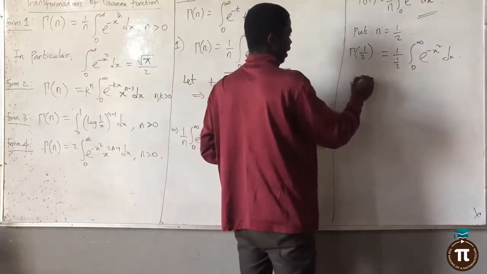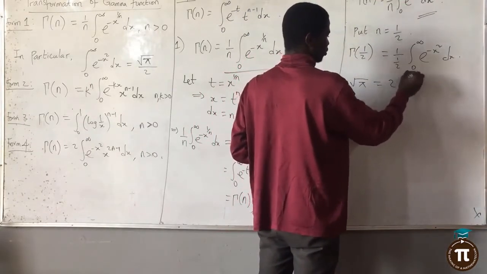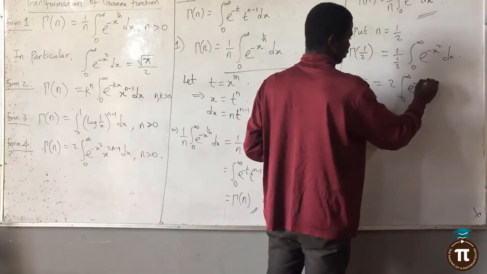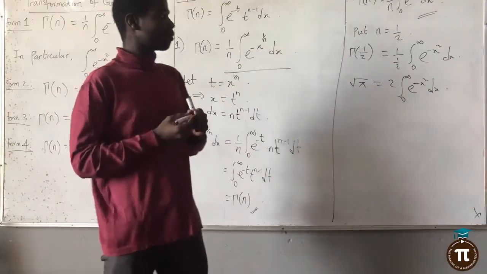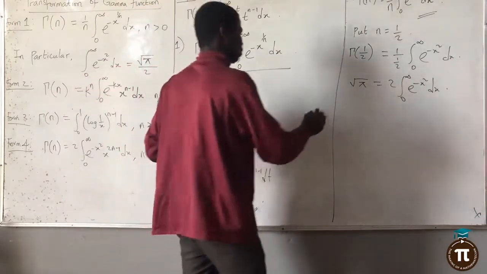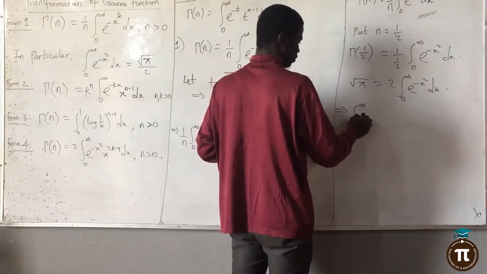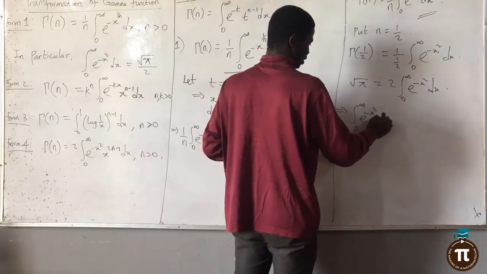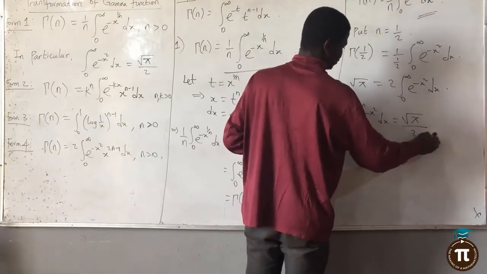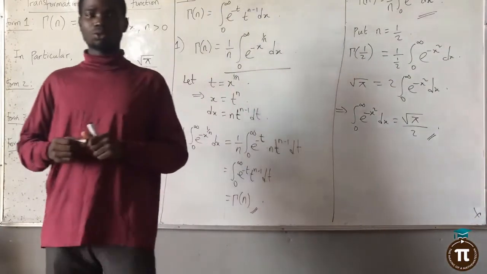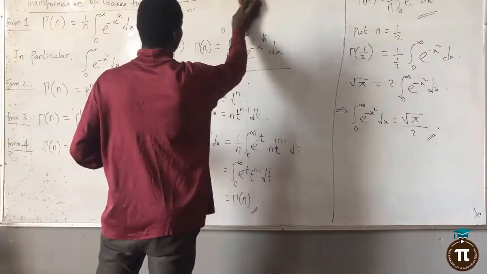Gamma of 1 over 2 is square root of pi, and all this will give me 2 times the integral from 0 to infinity of this. So divide both sides by 2, and you will get the integral from 0 to infinity of e raised to power minus s squared ds equal to root pi all over 2.